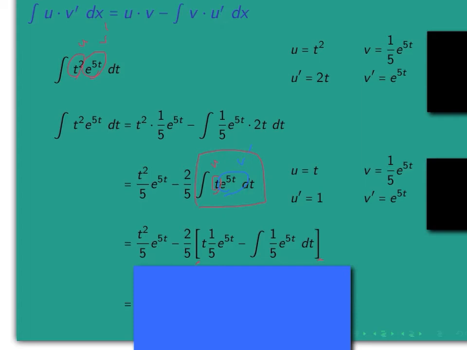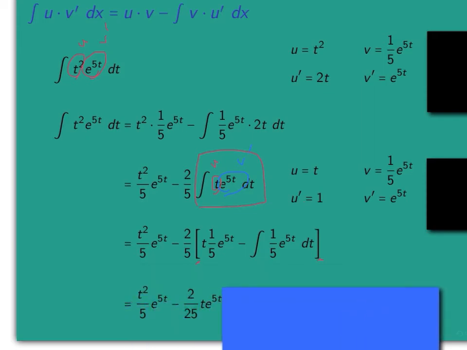Okay, so focusing on that integral, u times v is t times 1/5 e to the 5t minus the integral of v u prime, so minus the integral of v, and u prime is just 1. Okay, so I think we're going to clean up just a little bit more. Maybe I ran out of space.